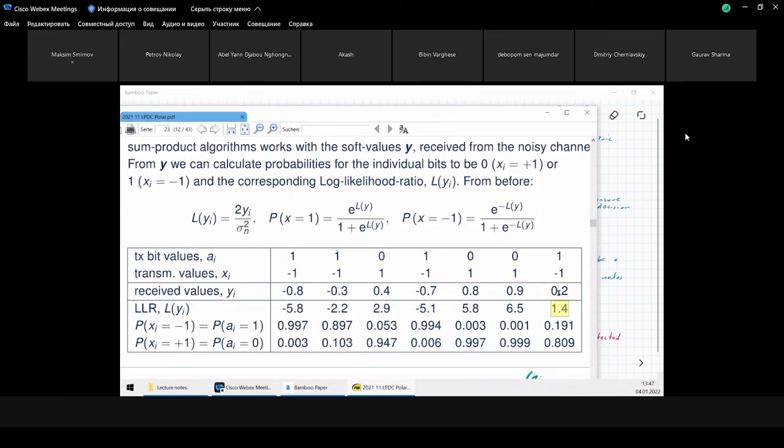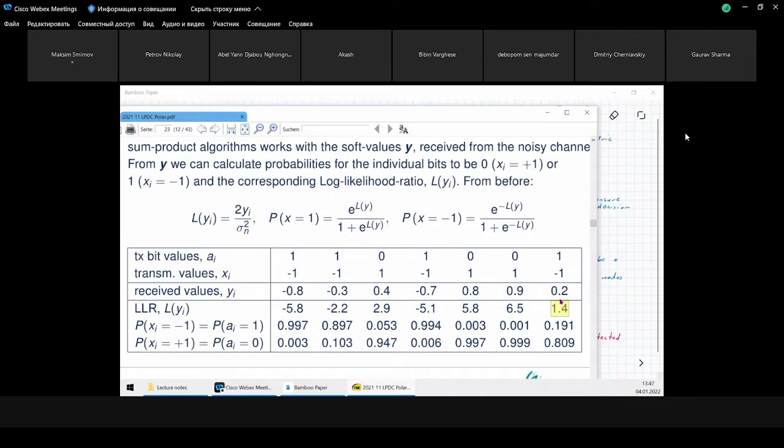We observe a value which is somewhere just in between the two possible values. See here, with 80% probability a 0 was transmitted. If we observe a plus 0.2, just with 19% probability a minus 1 was transmitted. Here this would actually yield the detection error, but by cycling back and forth the probabilities in our Tanner diagram, this will basically be corrected, as we can conclude from the other observations.